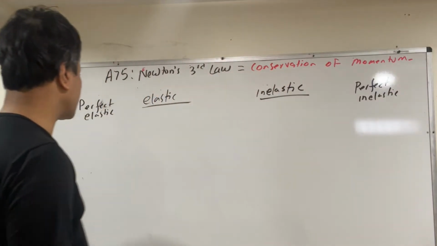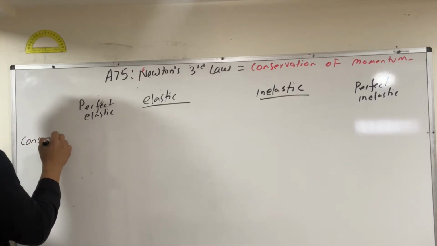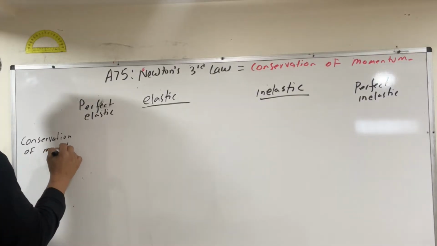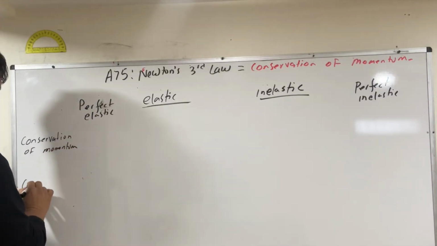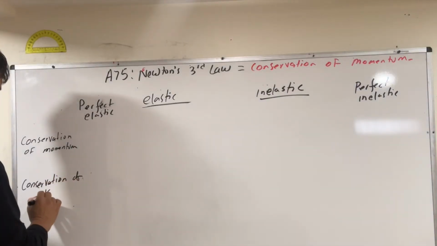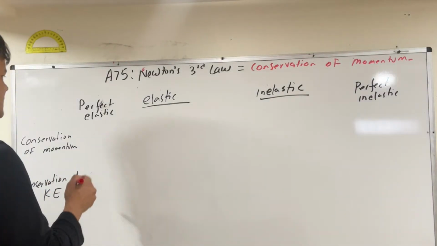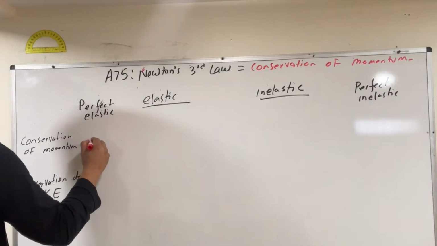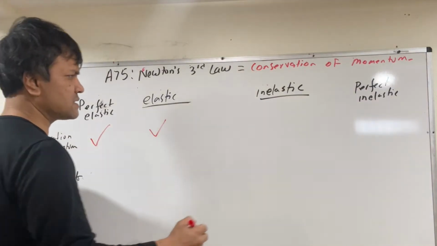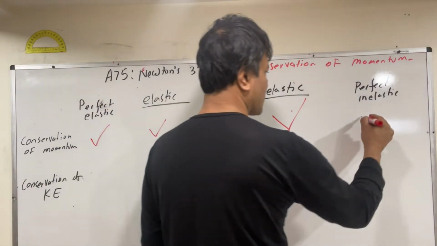And we're going to write the conservation of momentum, and conservation of energy, conservation of kinetic energy, right? In a perfect elastic collision, conservation of momentum, yes. Elastic collision, yes. In elastic collision, the momentum is conserved. Perfect inelastic, momentum is conserved.